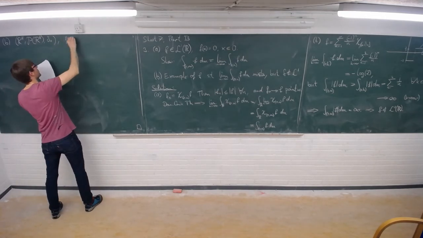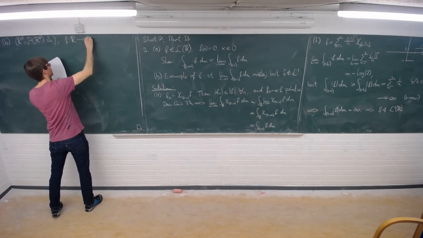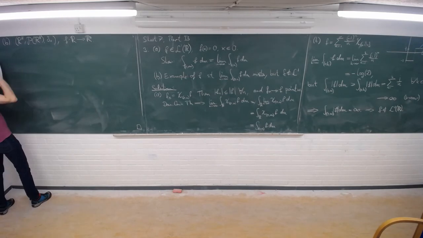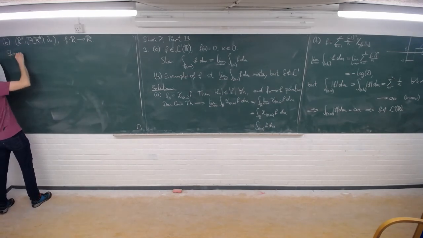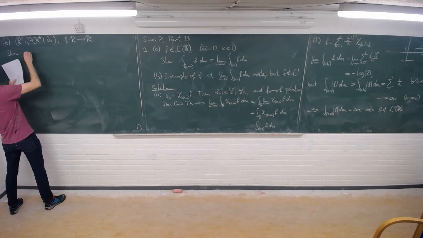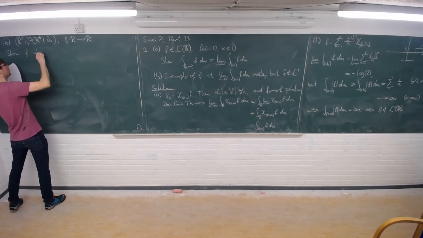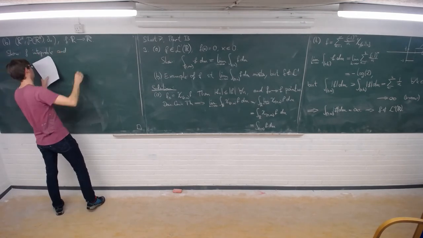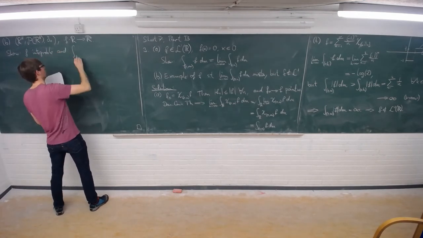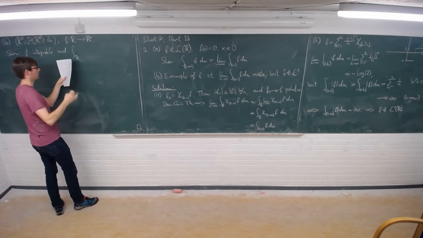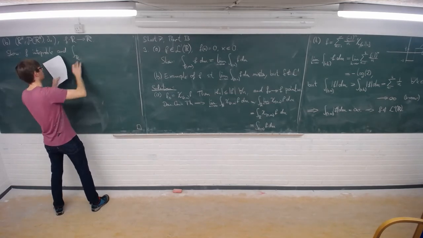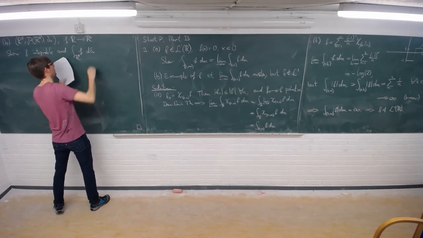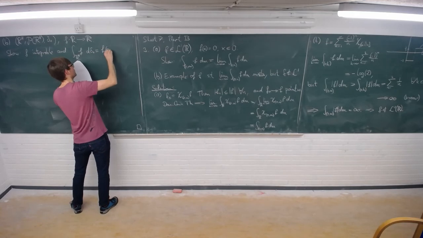Then we had a function from R to R. And basically the task was to show that any function from R to R is integrable. And in the hint, there was this formula: the integral of f d delta 0 is just f of 0.